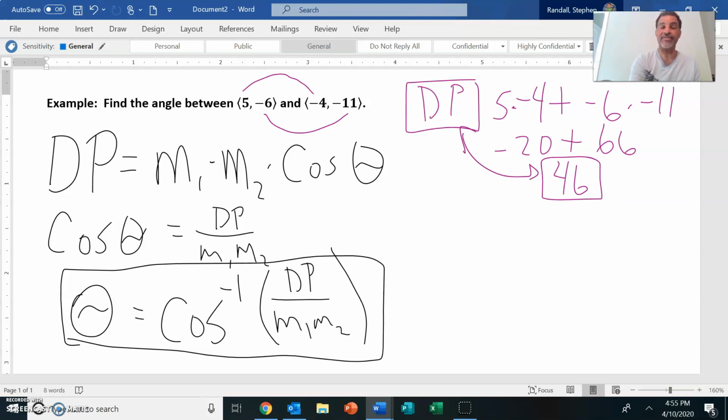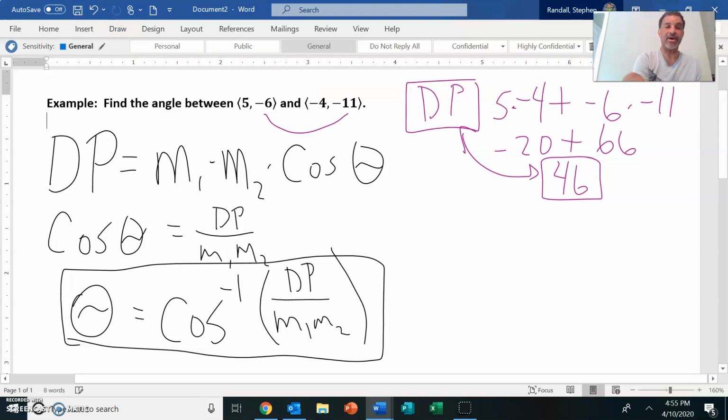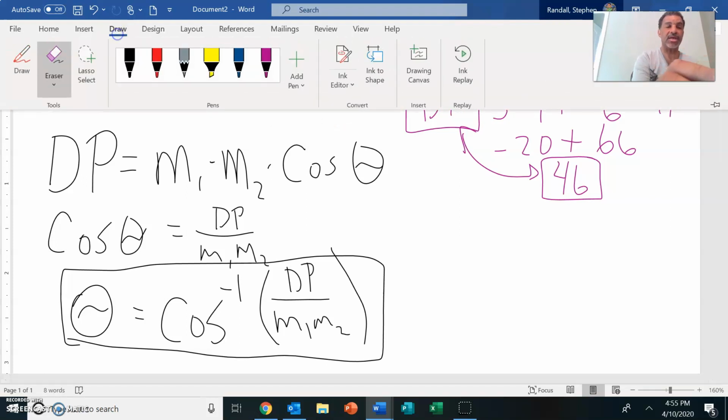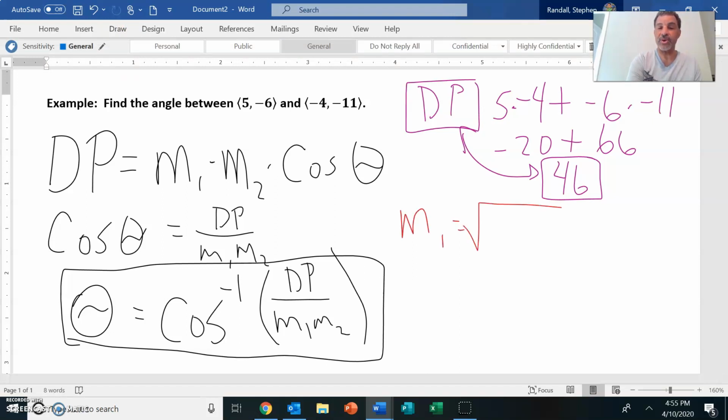The magnitude of the first vector, let me remove some stuff here. I'm going to take that off and that off just because I don't like it. And let's go to red. The magnitude of vector 1, m1, is equal to the square root of 25, 5 squared, plus 36, which is the square root of 61.